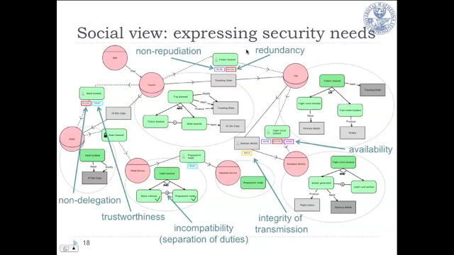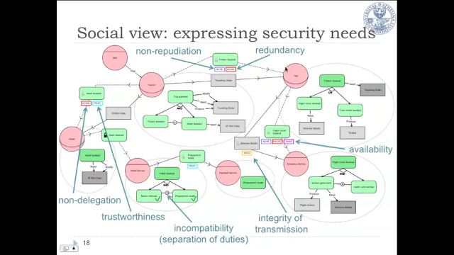To give you the overall view of how the security needs are expressed in the social view, starting from the scenario we showed at first, we capture through all the different interactions the security needs of actors' interaction. So, for instance, the tourist is expressing a non-repudiation security need when delegating tickets booked to the travel agency service.